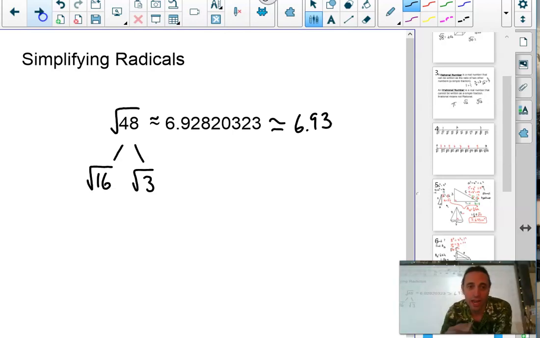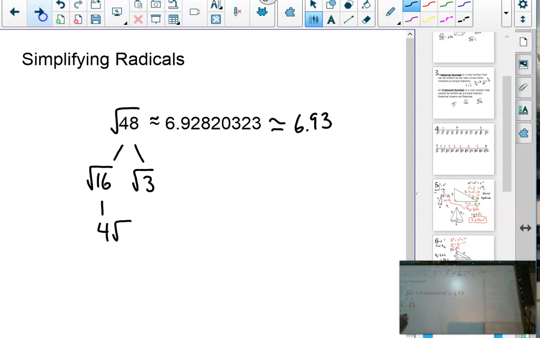Anytime you can break a radical into a perfect square, you're going to make your life easier. I could always divide it by 2 and have 2 times 24, but I'm just going to go right ahead here. The square root of 16 is just 4. I can't simplify the square root of 3 anymore.